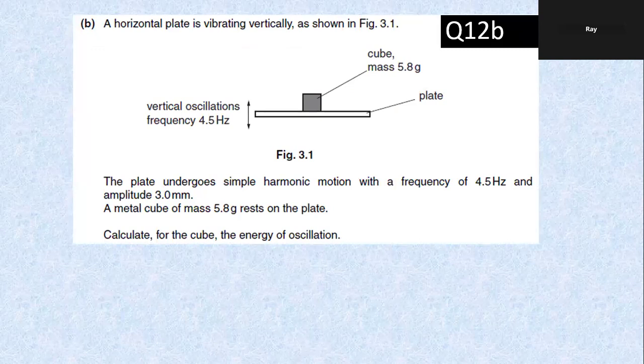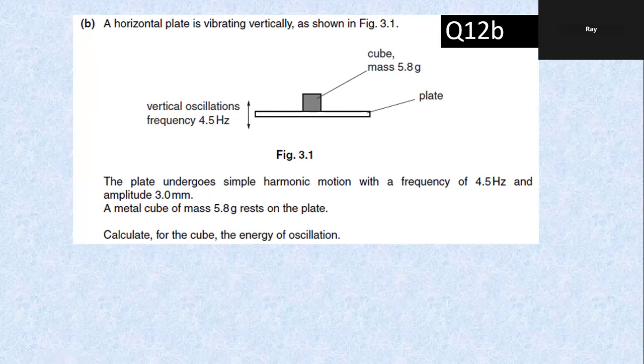A horizontal plate is vibrating vertically as shown in figure 3.1. The plate undergoes simple harmonic motion with a frequency 4.5 Hz and amplitude 3.0 millimeter. A metal cube of 5.8 gram rests on the plate. Calculate for the cube the energy of oscillation.